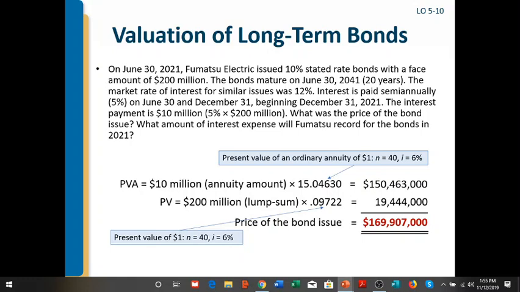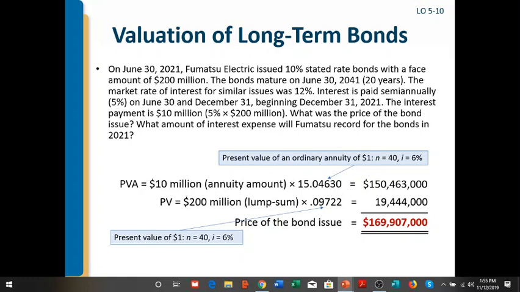It's 40 payments at 6%. So that comes to 150,463,000, and then you have to figure out the present value of the $200 million lump sum, the face amount, that's paid at the end of that 20-year period.